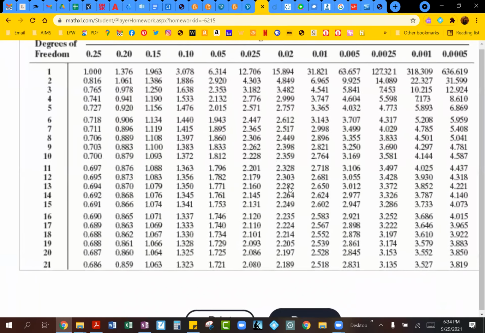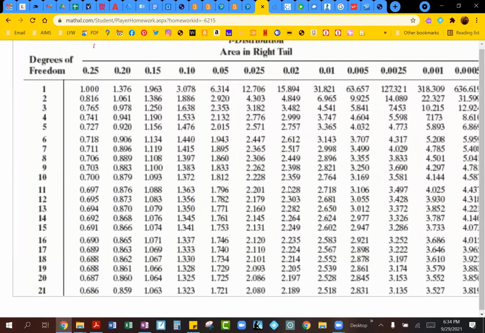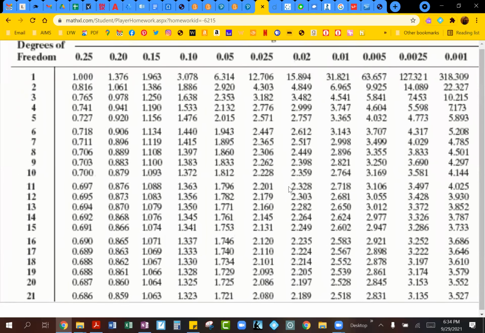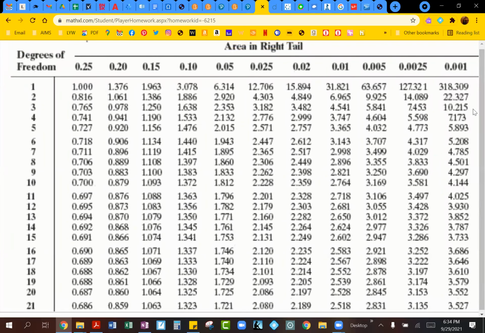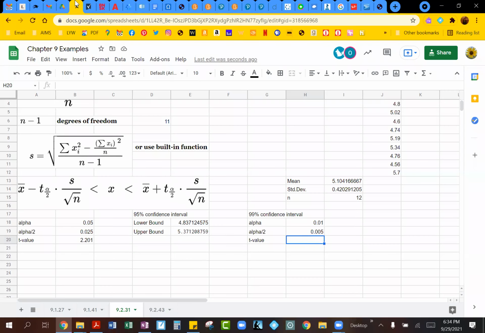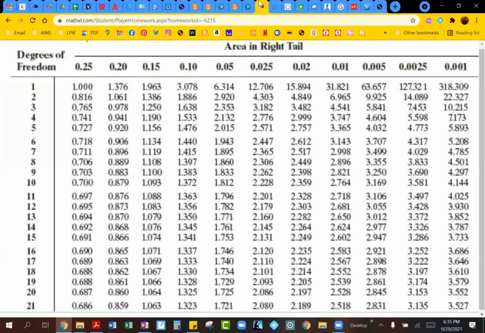And I'll make this a little bit bigger so you can see it a lot better. What will our t value be for this 99% confidence? So you've got 0.005 for alpha divided by 2, and then our degrees of freedom is 11.